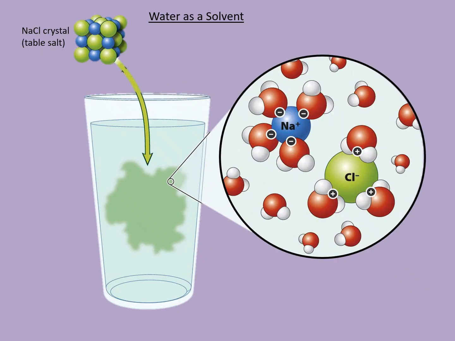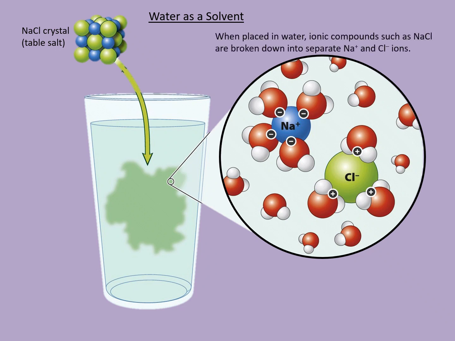Water also works really well as a solvent. A solvent is the solution that something is being dissolved into. The solute is what goes into the solvent. In this case, the solute is the table salt, NaCl. That's the crystal of salt, and then you place it into the water.